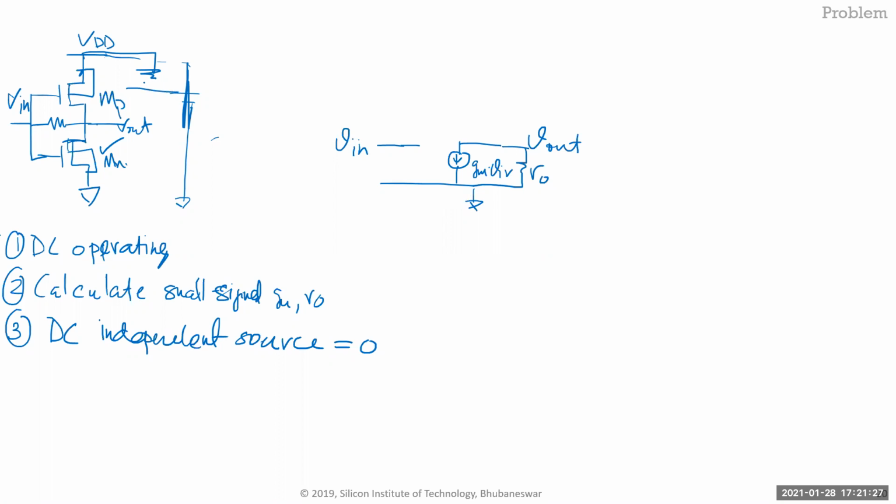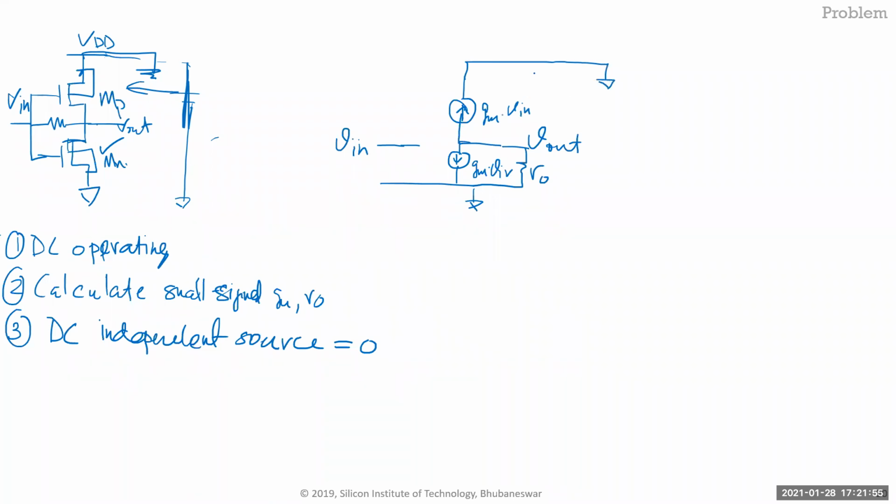Okay, now come to the PMOS. As I said, PMOS looks exactly the same as NMOS. So there will be a GM from V out to ground. And what should be the value here? If everything was the same, what did we take there? Mu N over mu P is equal to Wn over Wp. That means I can just write the same GM times V in here. And this goes to ground as well, right?